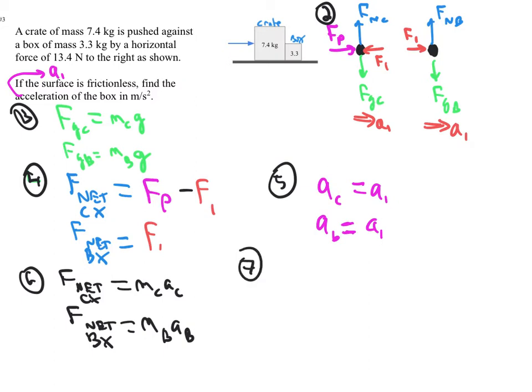And step 7 says put these things together. So for F net, we're going to take this and plug it in down there. And we're going to end up with FP minus F1 equals the mass of the crate times A1.